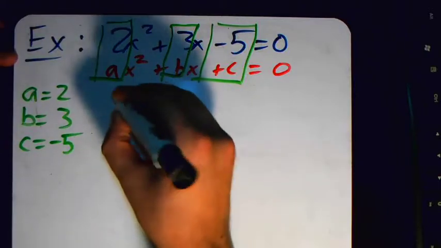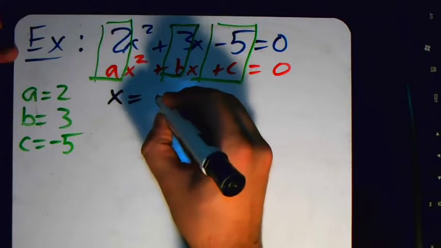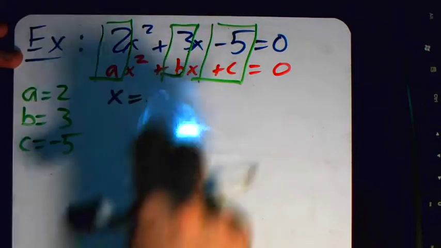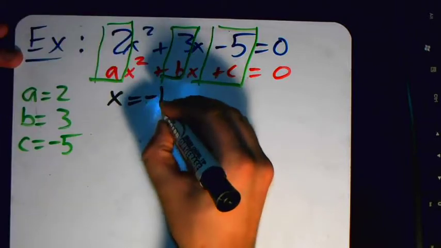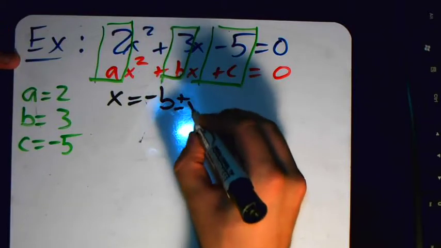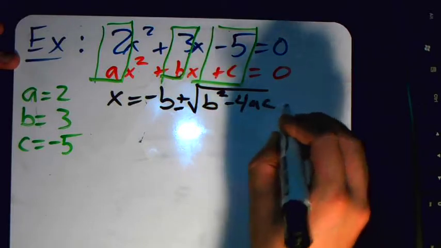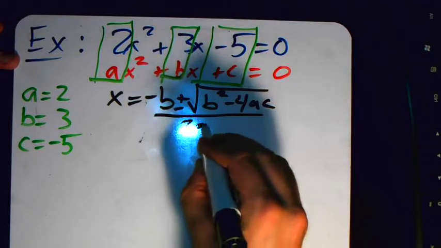These are the letters that we are going to plug into our quadratic formula. Now I'm going to write it out one more time before I plug everything in. Negative b plus or minus the square root of b squared minus 4ac over 2a.